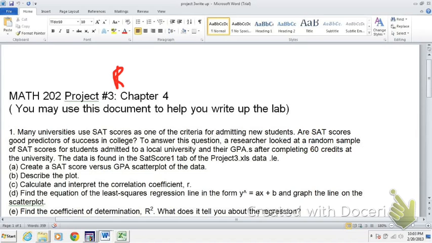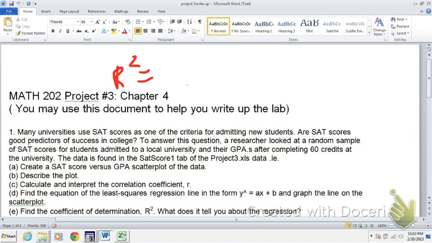So r squared, a little definition, is the percent of variability in y that is explained by the least squares regression line.